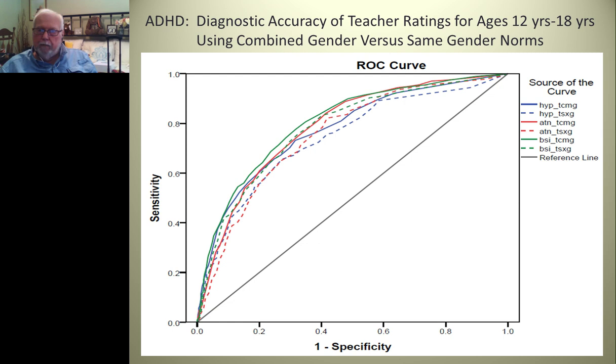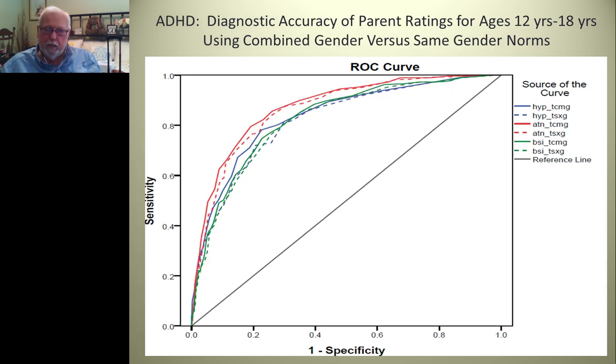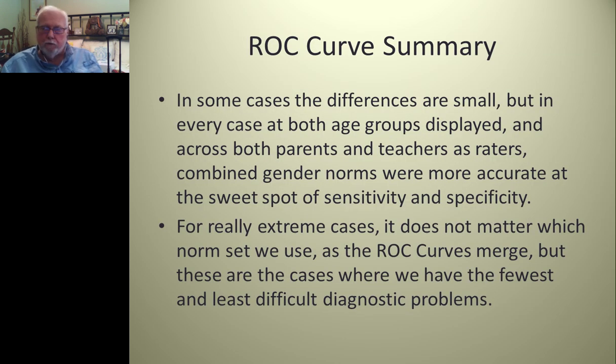You'll see that some of the differences are small. The combined gender norms are more accurate in 100% of the cases. And you can see, again, parents, teachers, it doesn't matter.